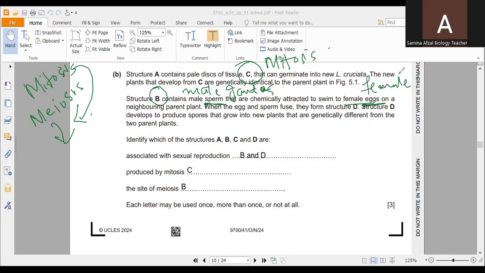So, in sexual reproduction, as I already told you in the previous question, the male gametes unite or fuse with the female gamete. Male gametes have a haploid number of chromosomes and female gametes have a haploid number of chromosomes.